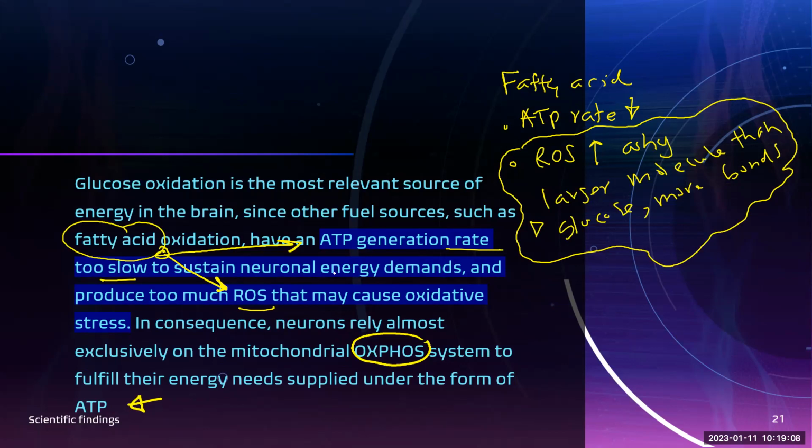In consequence, neurons rely almost exclusively on the mitochondrial oxidative phosphorylation system to fulfill their energy needs, supplied under the form of ATP.